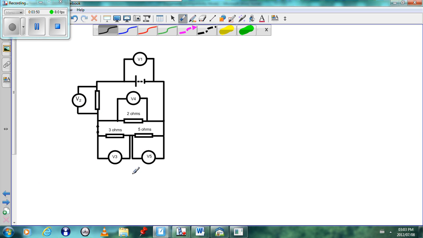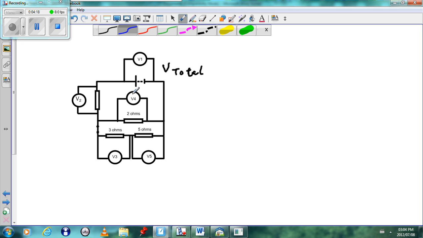If you look at the other example that we have here, we see that we have voltmeters. When we look at potential difference, an important aspect is that V1 will be V total in this case, because V1 is across the cells or the batteries, and they are what gives the potential difference to the whole circuit.